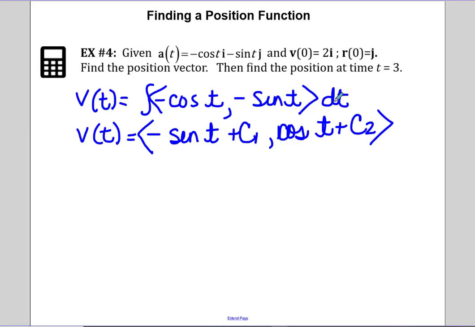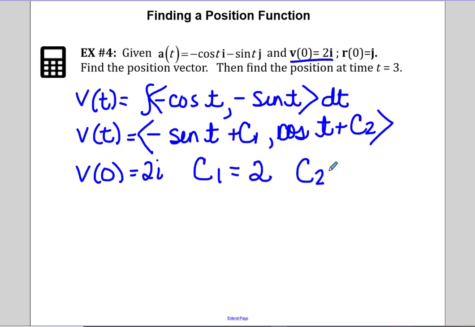So we did the antiderivative, and they've told us up here the velocity at 0 is 2i. So if you substitute 0 here, we know that the first constant is going to be 2, and the second constant is going to be -1.